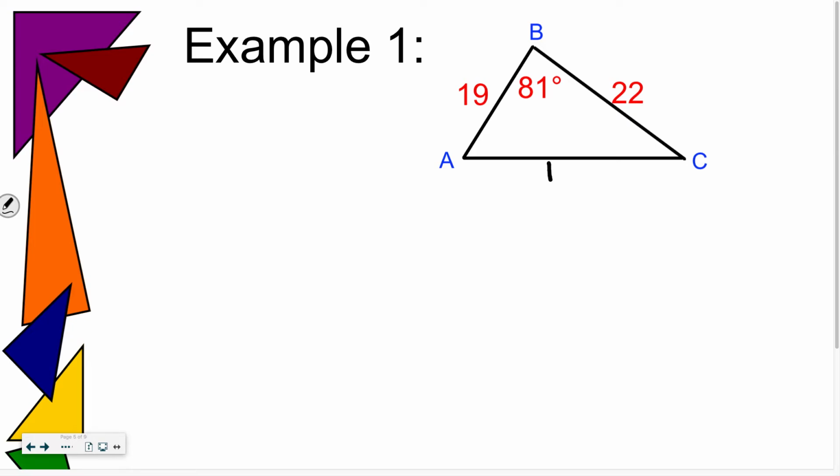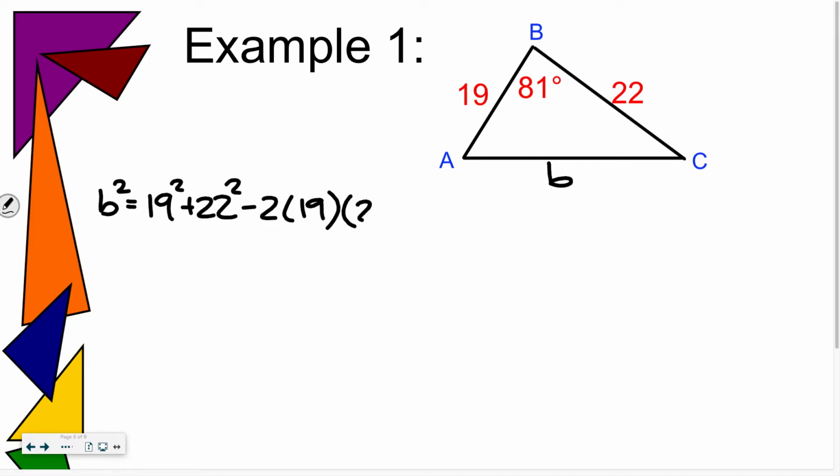Side b. So we're going to say b squared equals 19 squared plus 22 squared minus 2 times 19 times 22 times the cosine of 81. If it's side angle side, you're going to solve for the missing side first.